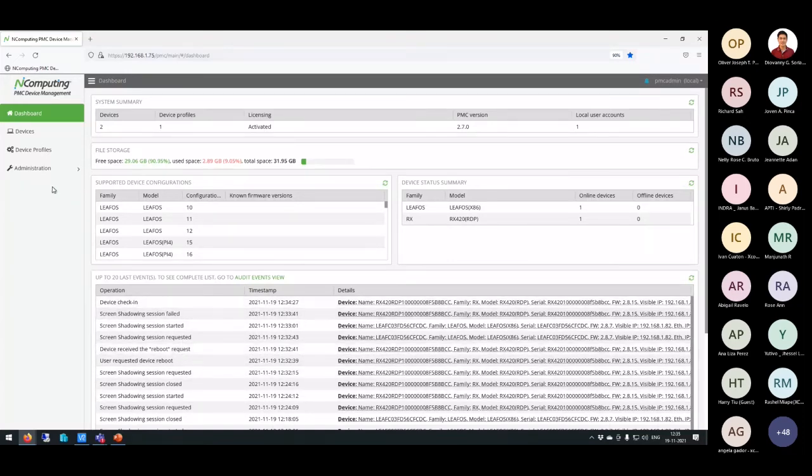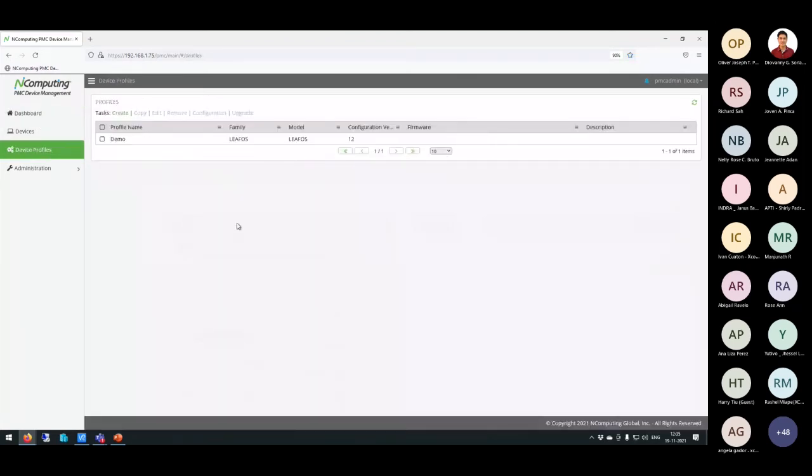Before going to the devices, I'll go to device profile. In device profile, it gives you complete manageability on creating your own customized profile, where you can preset the configuration of device settings, based on whether it is a Leaf OS device or an RX 420 device.